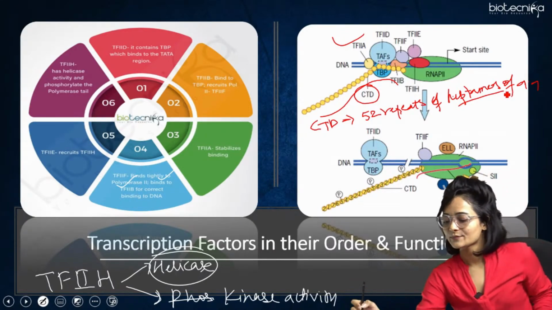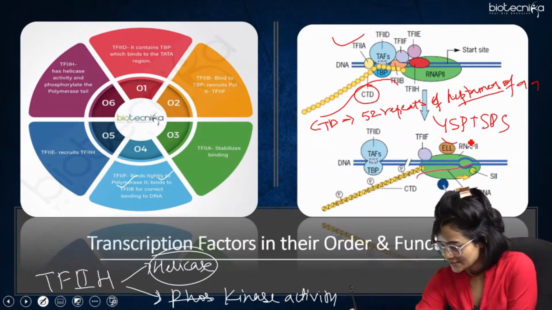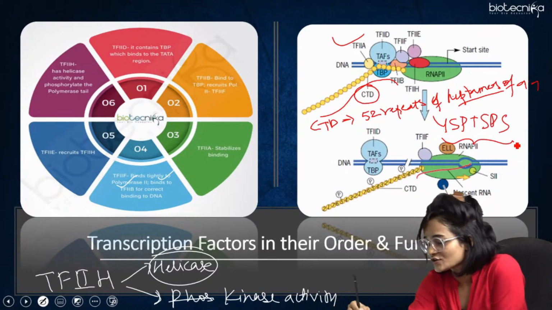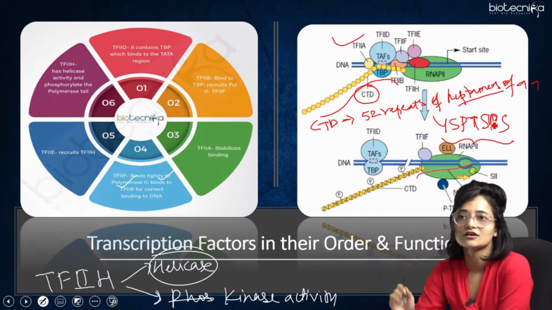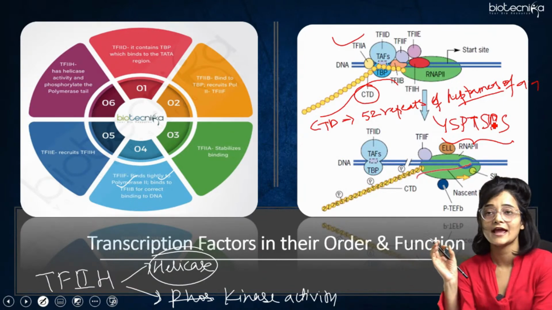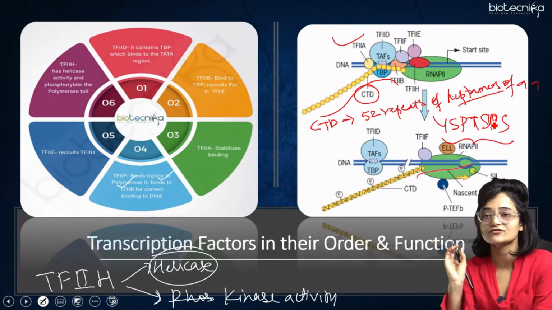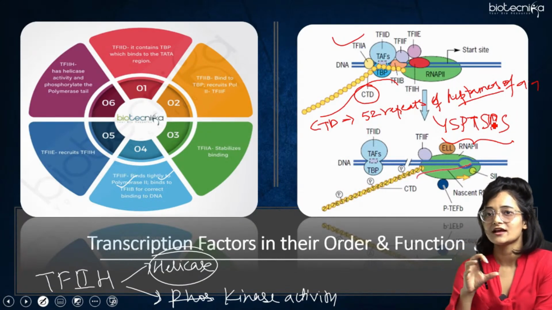So the subunits are Y, S, P, T, S, P, S. Y is tyrosine, S is serine, P is proline, T is threonine, S is serine, P is proline, and S is serine again. This is the heptamer amino acid sequence present in the CTD region, a consensus sequence, present 52 times.